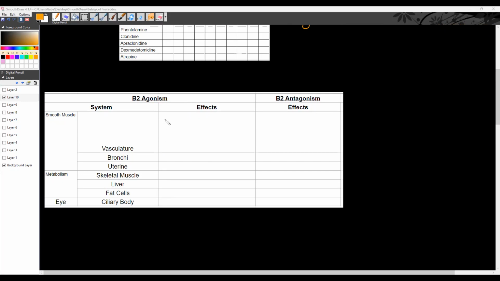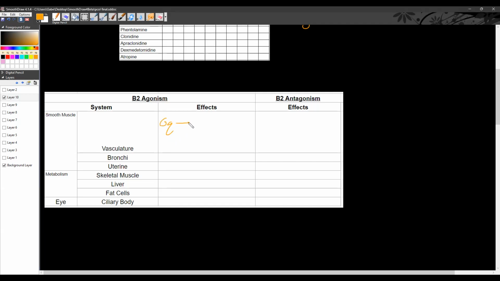Vasodilation, right? So we are Gq, which means that we have contraction. And in this case, we're contracting the smooth muscle surrounding the blood vessel, and this is pulling it outwards. So we end up with vasodilation. Which means what would be the effect of the antagonism? Vasoconstriction.